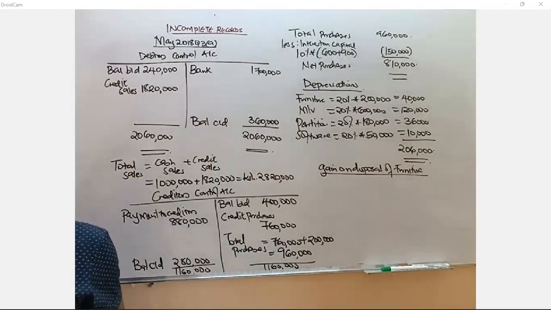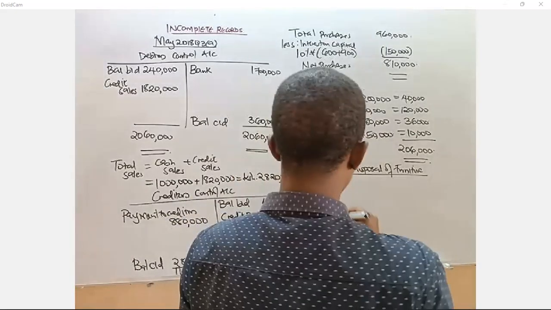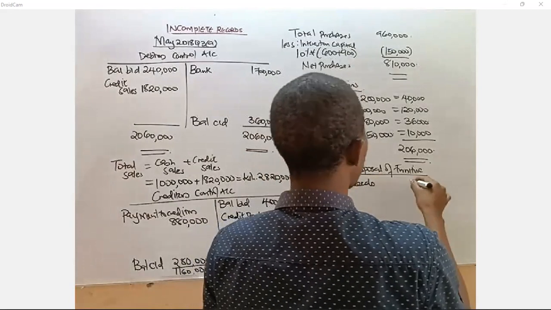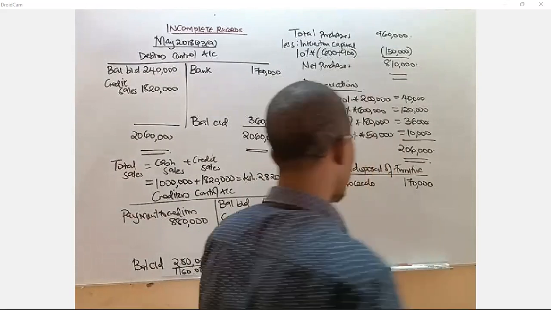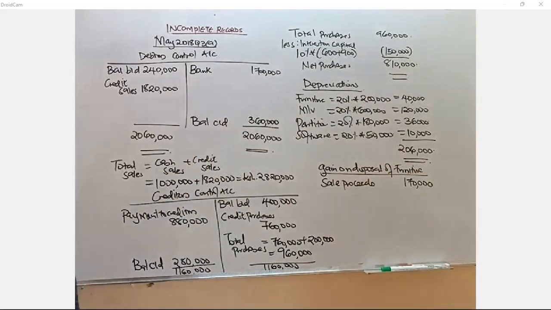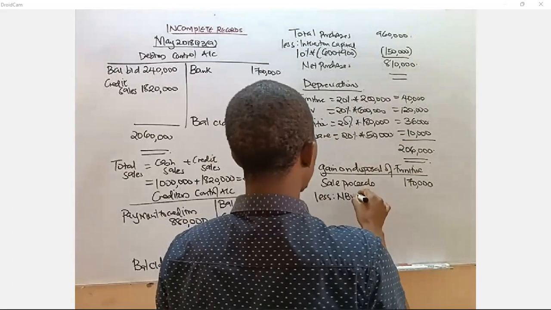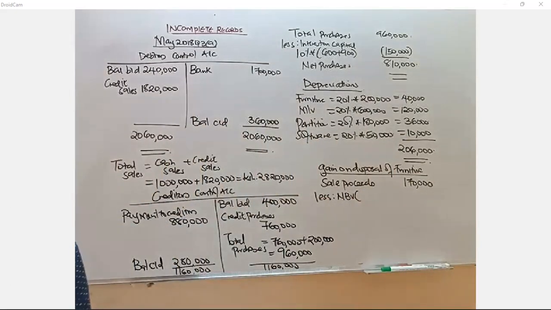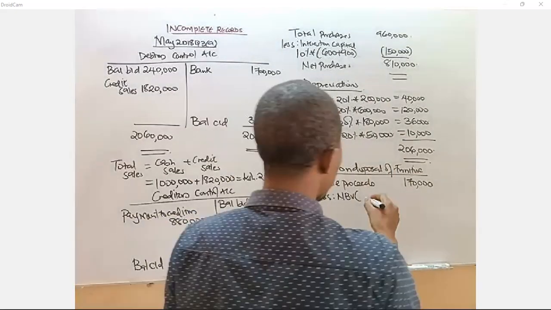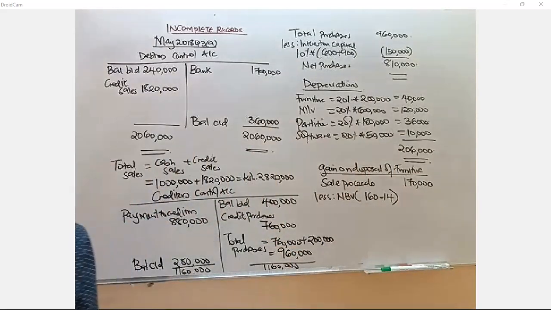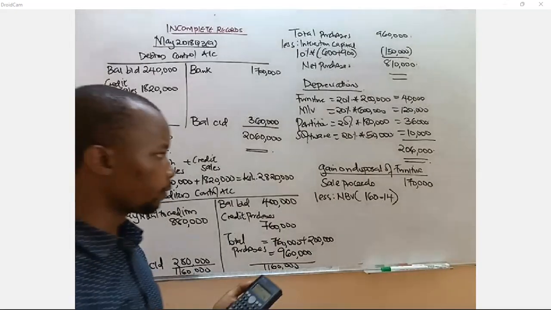When I look on the cash book summary, I can see that the sales proceeds were around 170,000. That was the sales proceeds from the sale of that furniture. And in this case, we also need to look at the net book value. You need to factor in that information provided in additional information one. You just need to take your 160 minus 14, the cost of the furniture minus the accumulated depreciation. So 160 minus 14, we are getting 146,000.